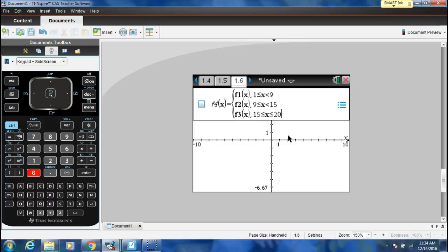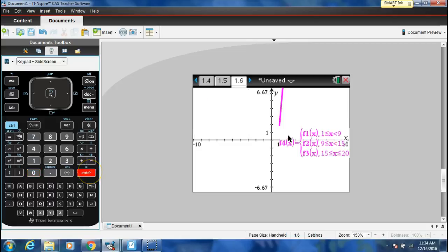Now when I hit enter on this, I only see that little bit of it. Why? We've got to adjust the window.